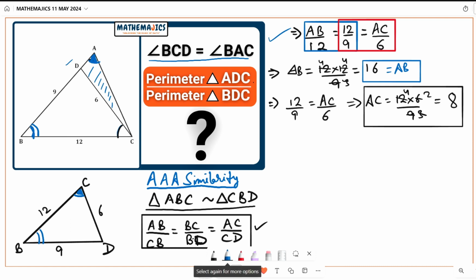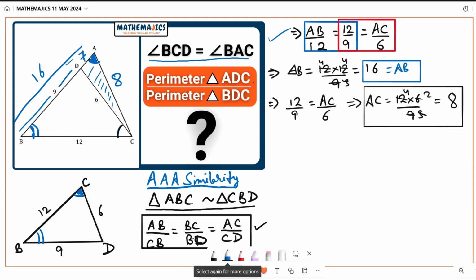See, AC is 8 as we have found out. What is the length of AB? AB is 16. If AB is 16 and BD is 9, AD will turn out to be 7. Correct. Now we are almost reaching the final answer.